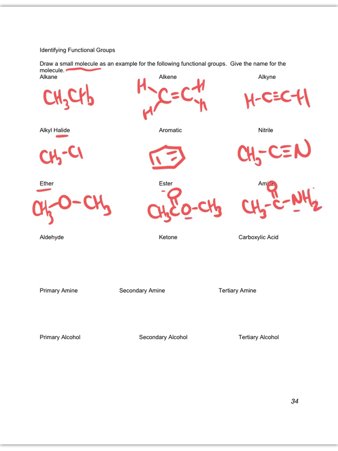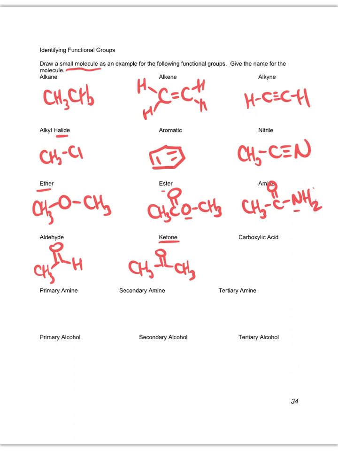An aldehyde is a carbonyl with a hydrogen on one side and a carbon on the other side. A ketone, and notice the spelling of ketone, does not have a Y in it. It's not that type of key. A ketone has alkyl groups on either side, and an alkyl group, methyl, ethyl, propyl, it doesn't matter. If you're answering a question like this, keep it a methyl.